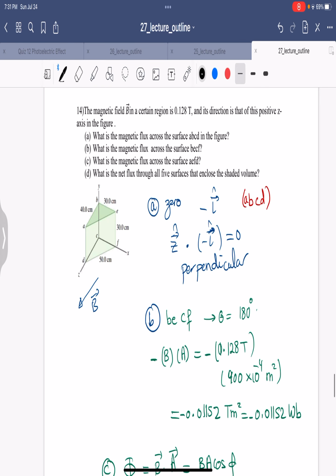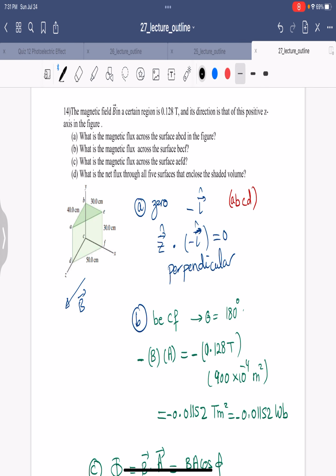Now, if you look at the first one, ABCD, this is the one that is standing on the Z and Y. If you look at B, you are going to find that it is perpendicular.